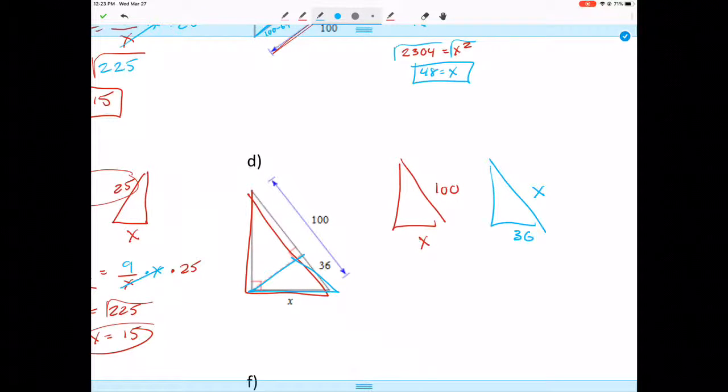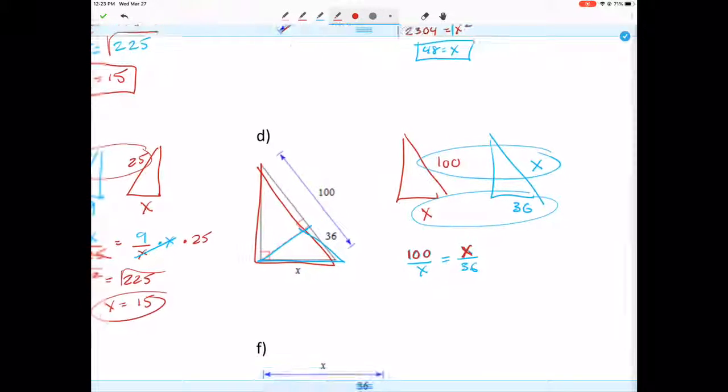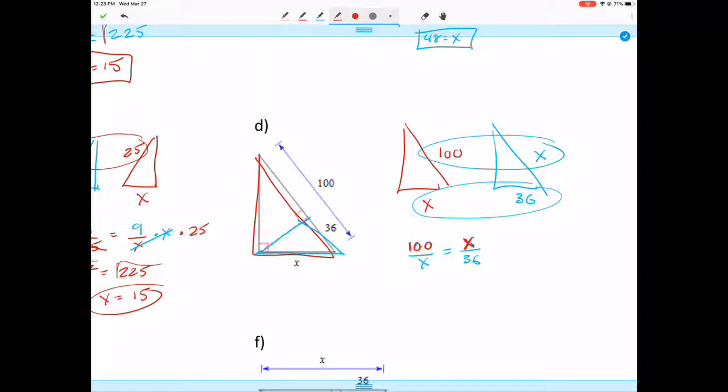All right, so here these are corresponding, so we could do 100 divided by x equals, these are corresponding, x divided by 36. Again, make sure, maybe write these as red. I'm using the red triangle on the top and the blue triangle on the bottom, and you need to make sure it's always like that, or else you'll run into problems.